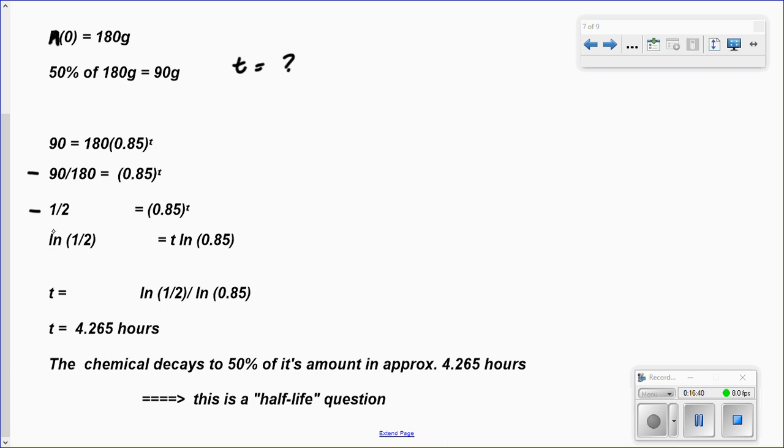Now I have to solve an exponential equation where I have to find the actual exponent. So the next thing I'm going to do is take the log of both sides, or in this case the ln. We'll talk about lns in a second. This could easily be the log, and that would be t times the log of 0.85.